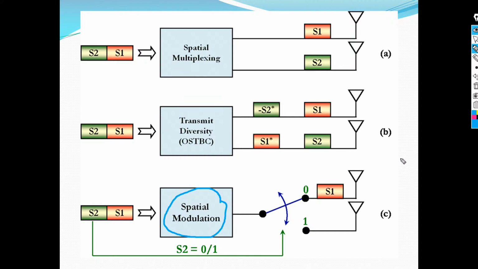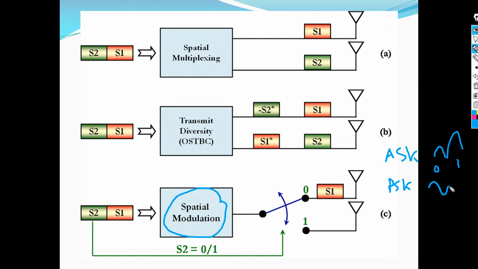You remember in the communication and digital communication courses, we used to learn this concept, ASK, amplitude shift keying, where you change the amplitude of your carrier based on the incoming data bits. If 0 comes, make it low. If 1 comes, make it high. And we have phase shift keying, where we change the phase based on the incoming data. If 0 comes, make the phase 0.